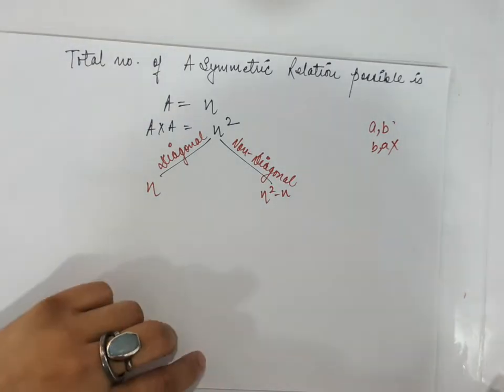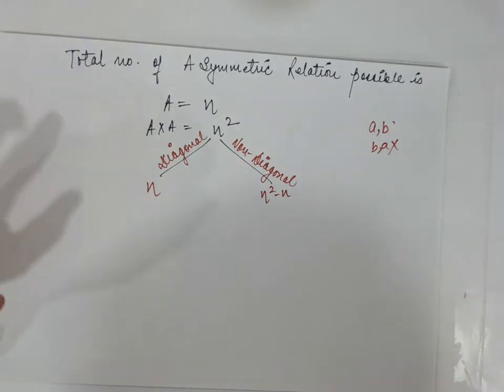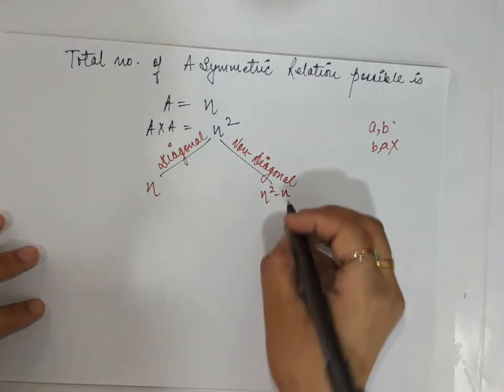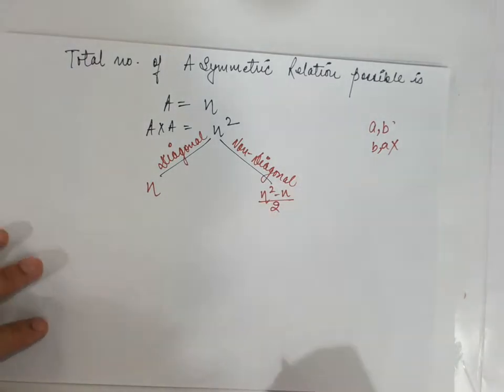Okay, if BC is present then CB is not present, if CA is present then AC is not present. Therefore, non-diagonal parts are divided by 2.